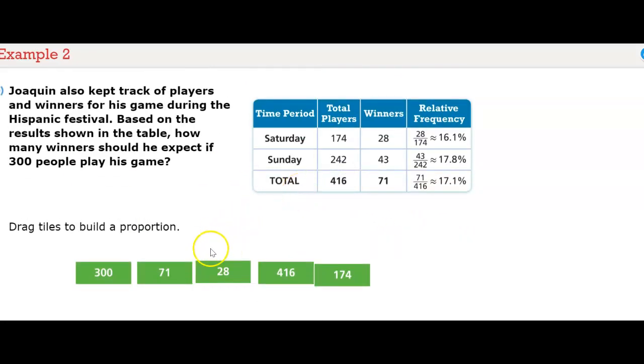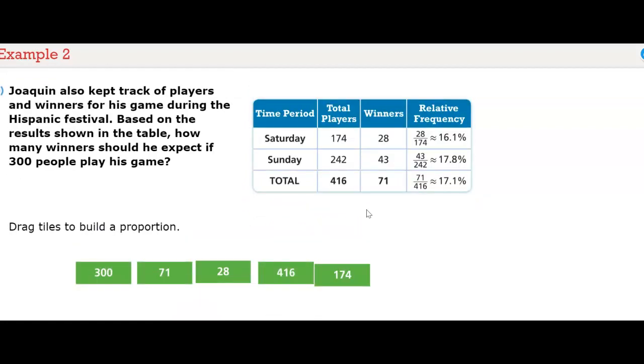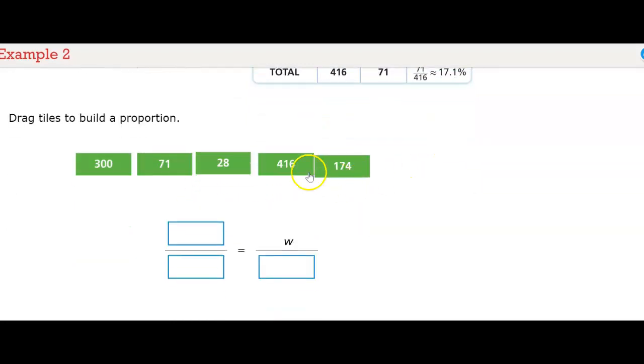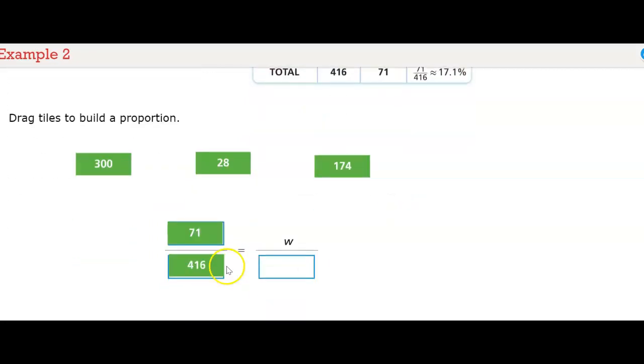They don't have the Sunday numbers, but they do have the total number of people that played on that weekend, which is 416, and the 71 total winners from that weekend. That's another proportion that we could have.